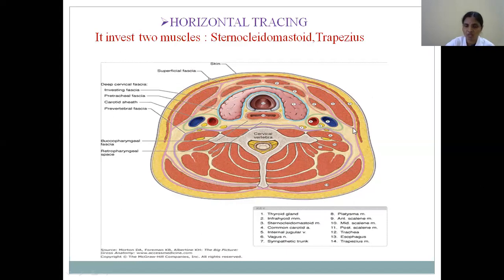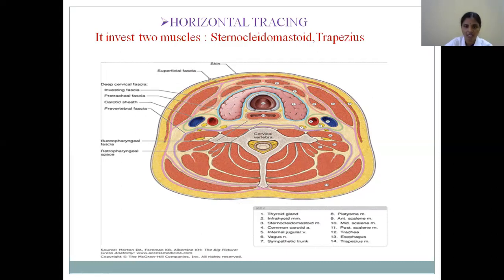Then again at the posterior border, the two layers fuse to form a single layer, and it extends onto the posterior triangle, then reaching the anterior border of the trapezius, where again it splits to enclose this trapezius muscle. At the posterior border of the trapezius, these two layers again fuse to form a single layer, and that blends with the ligamentum nuchae, which is present in the midline.